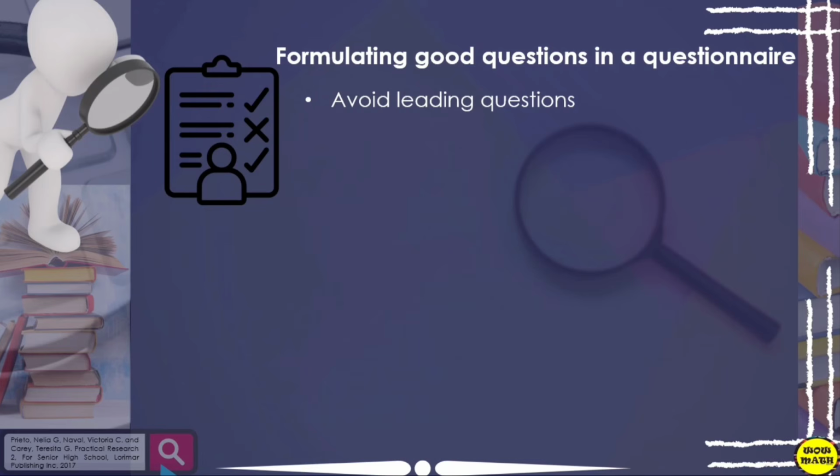Avoid leading questions. So, minsan yung choice of words natin nakaka-apekto yun. Malaki yung epekto niyan sa magiging result nung study natin. So, wag tayong maglagay ng mga tanong na parang blame, ginu-judge natin yung mga respondents. Okay?